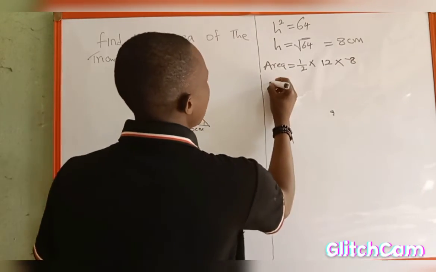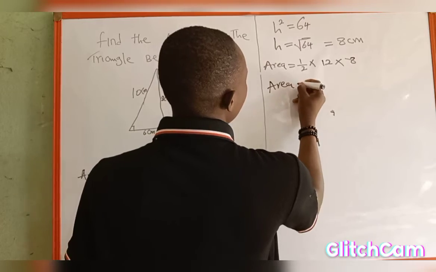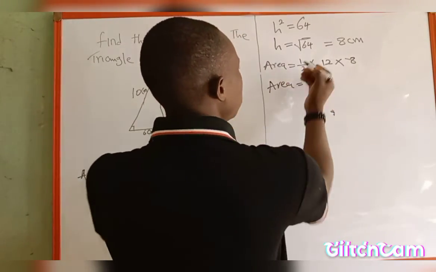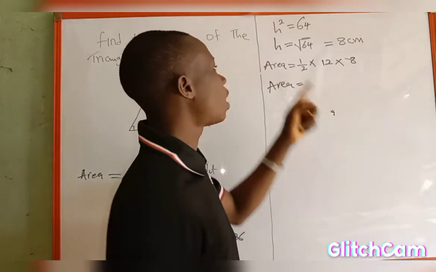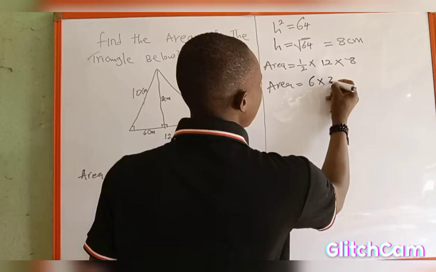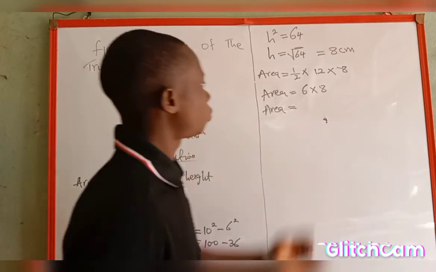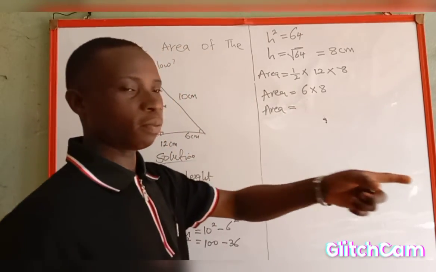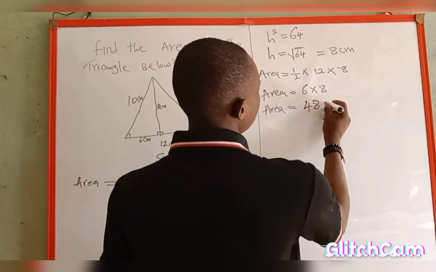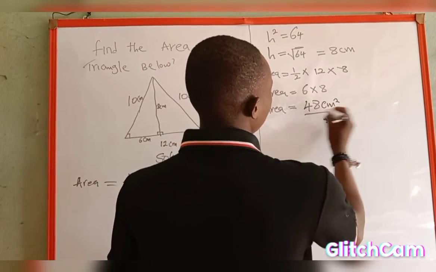So the area equals half multiplied by 12, which is 12 divided by 2, which is 6, multiplied by 8. So the area, 6 multiplied by 8, is equal to 48 centimeter squared.